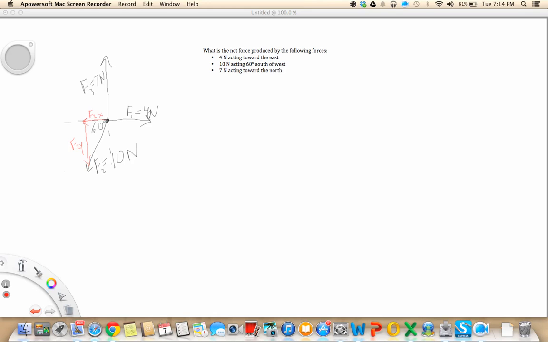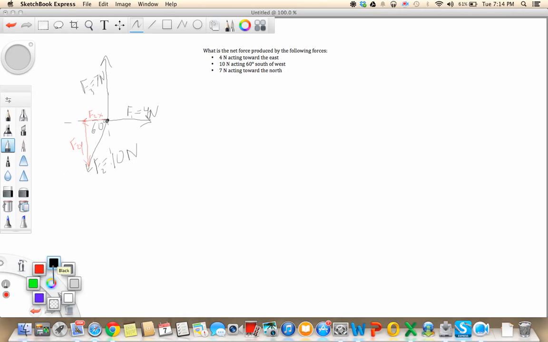So the important thing here to remember is we need to look at what's happening in terms of our vectors. So it means we need to keep our x and our y coordinates separate. So we're going to look at the sum of the forces that are happening in the x direction and the sum of the forces acting in the y direction.